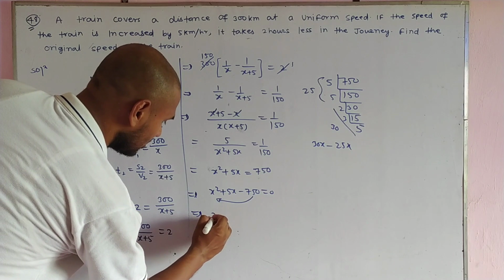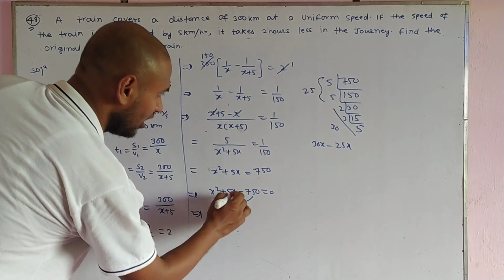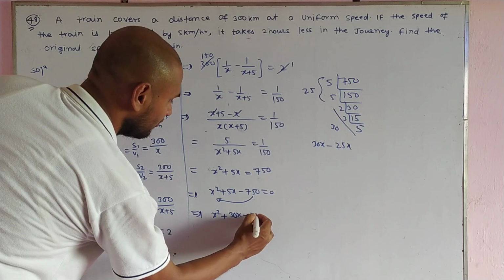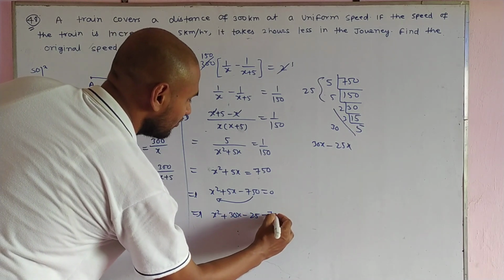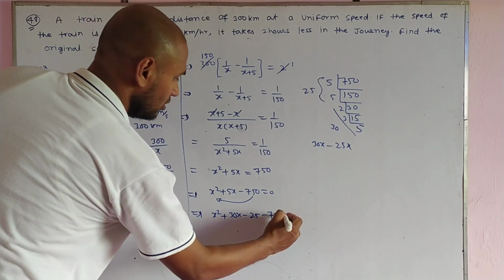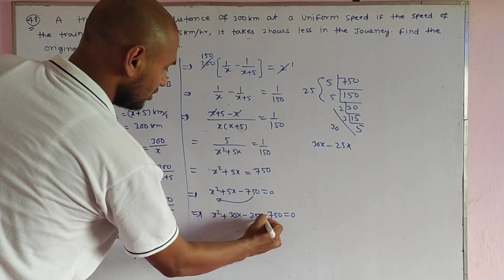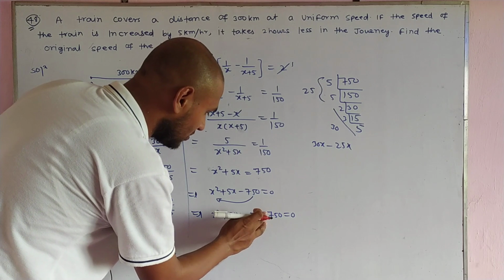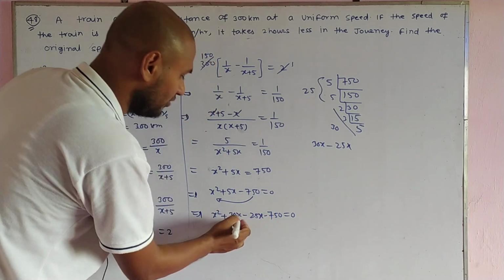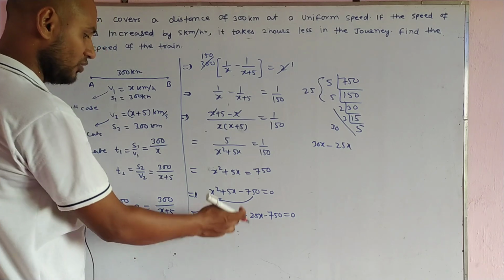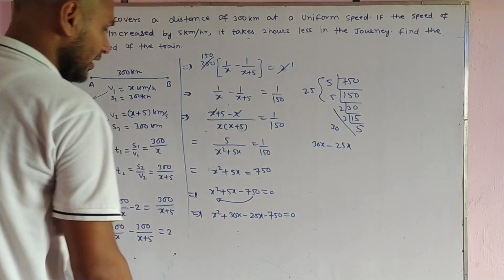In place of 5x we put 30x minus 25x, so x square plus 30x minus 25x minus 750 equals 0, because 30x minus 25x gives 5x, and multiplying them gives 750 with a negative sign.